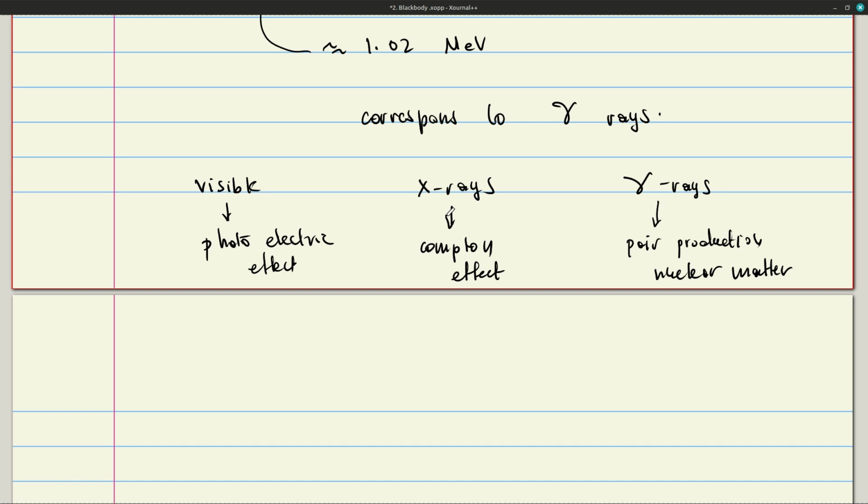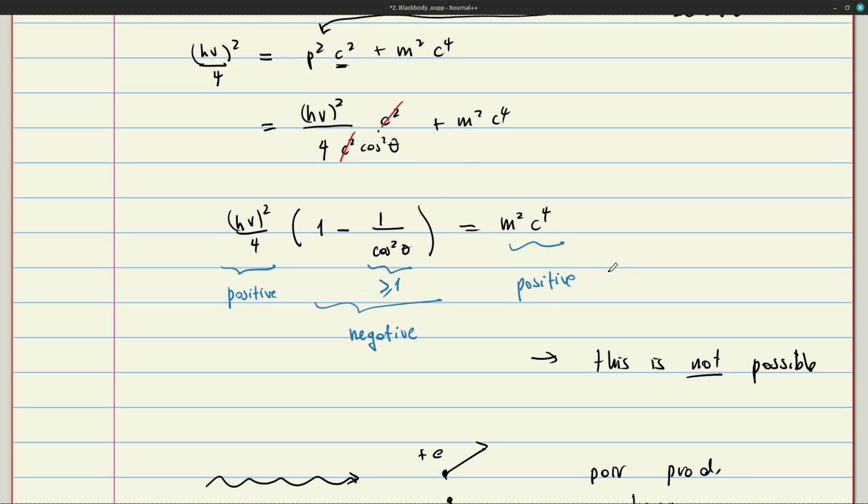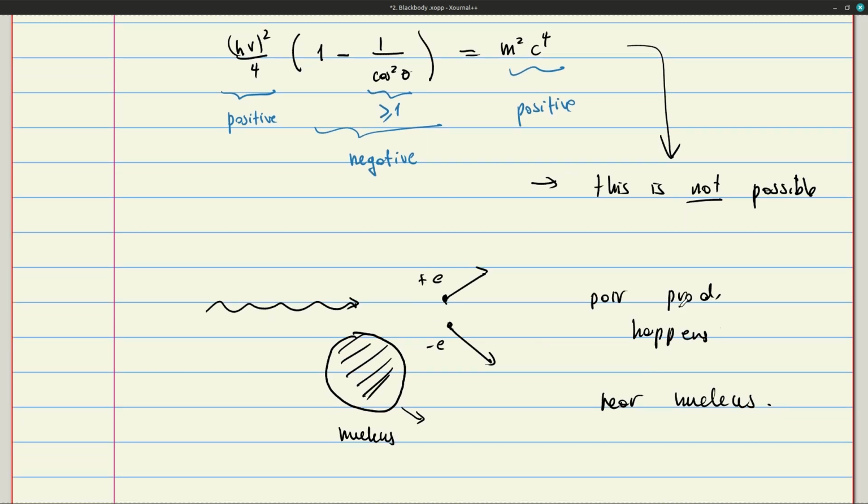What is the role of the uranium atom? Your uranium atom is providing, right? This calculation showed us that if it was just empty space without any uranium atoms, this is not possible. Kinematically, it is not possible. Energy and momentum conservation, this calculation shows, does not allow a process like this. However, if I have the uranium atom, it can provide the necessary momentum. Maybe this guy is going to recoil in one direction.